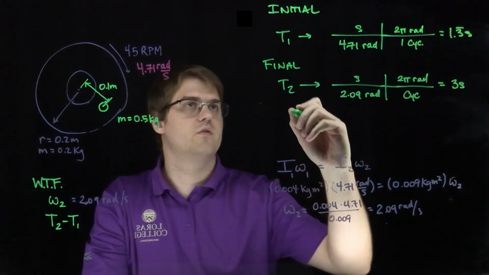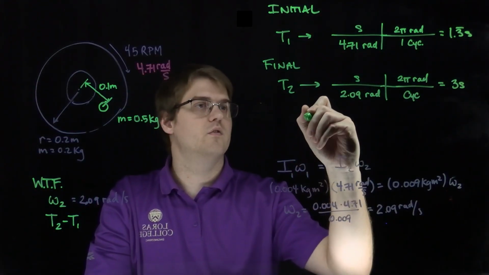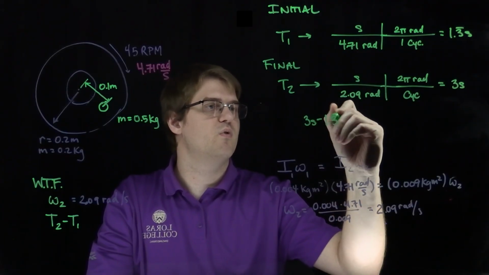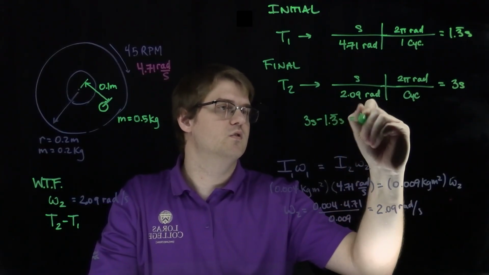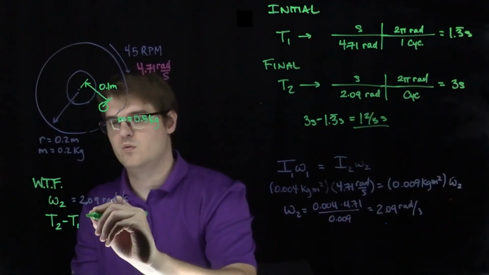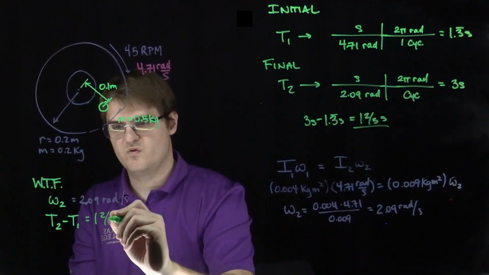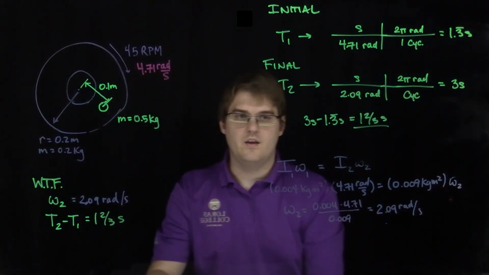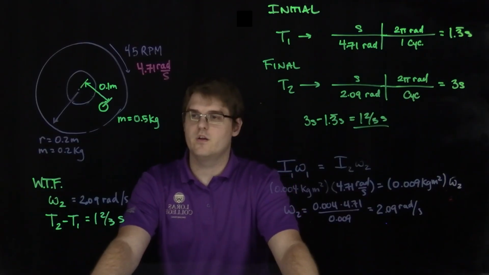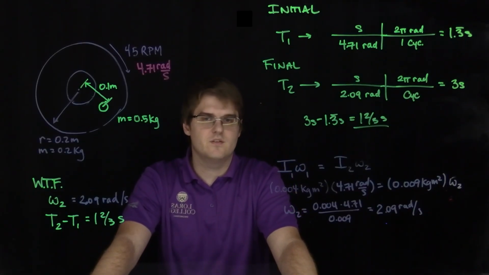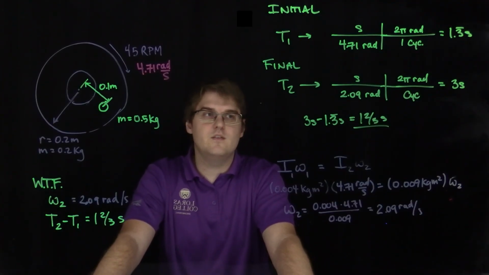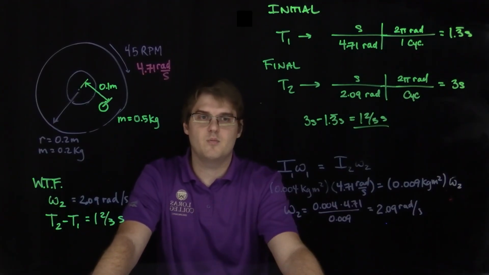So the difference is going to be 3 seconds minus 1.3 repeated seconds, which is 1 2/3 seconds. That is the difference in how much slower it is. So it originally took 1 1/3 seconds, it now takes 3 seconds. That's 1 2/3 seconds longer. Nothing crazy going on there, but that is our momentum example problem.